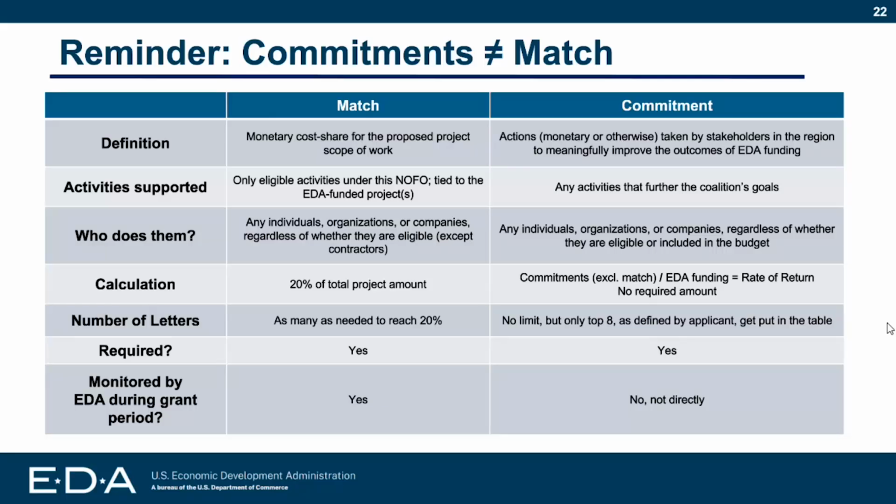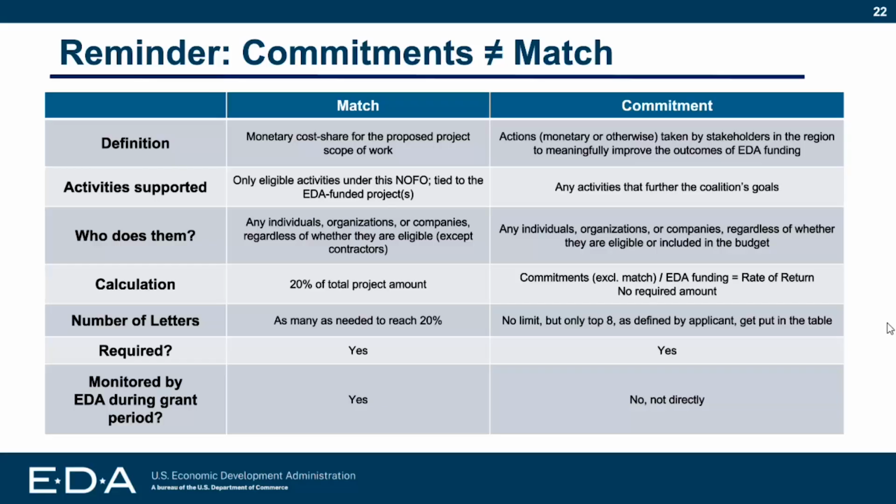That could say, this organization is going to fund $500,000 in scholarships outside of this; our workforce project is going to continue to do its work, but we're getting this outside funding that's not directly tied to it but will support the industry overall. That might be a commitment, or a commitment to hire. An employer says, I'm going to hire 100 people who come out of this. That's what we consider a policy commitment.